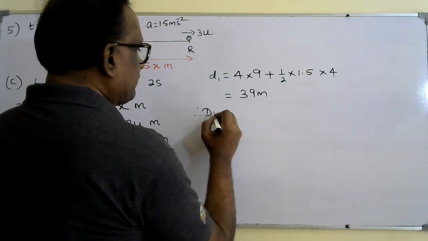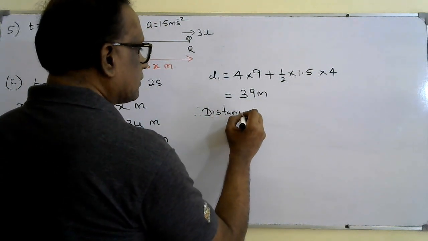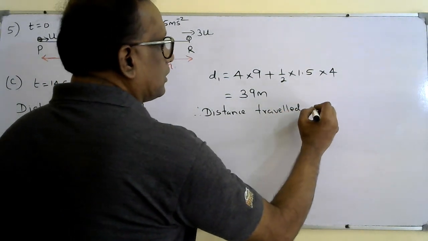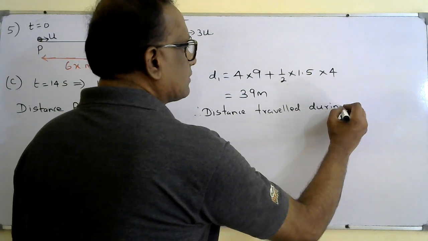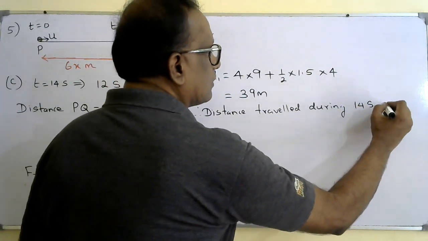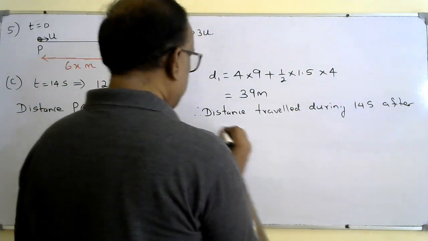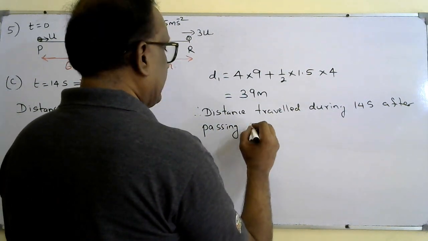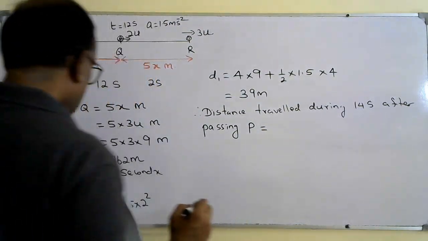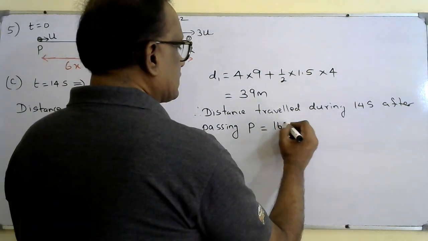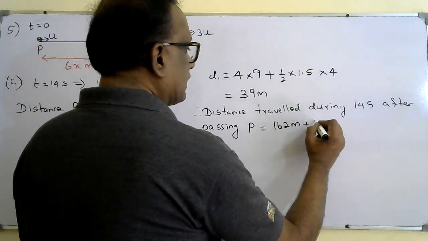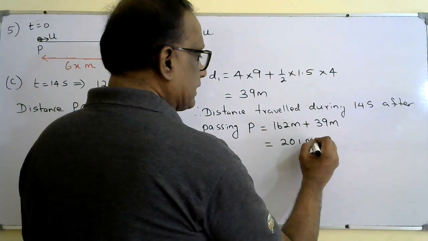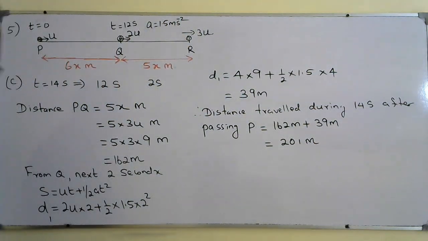So the distance traveled during 14 seconds after passing P is 162 meters plus 39 meters. That will be 201 meters. Okay.